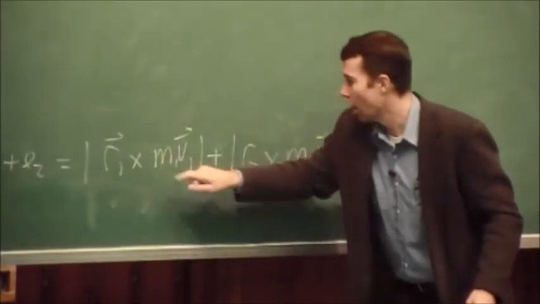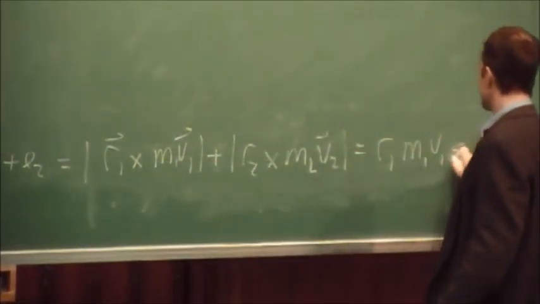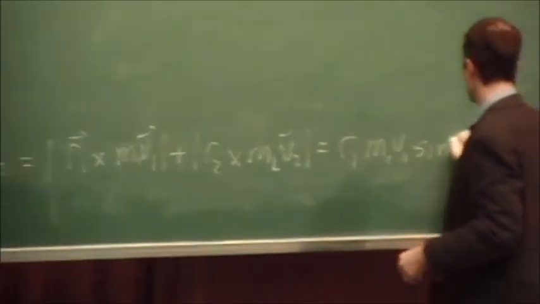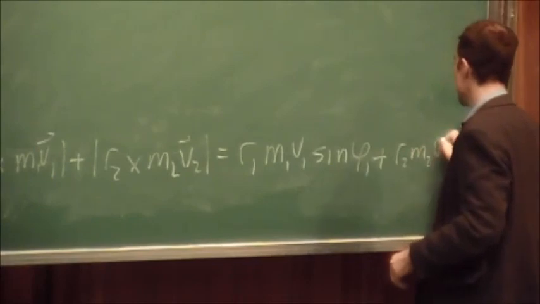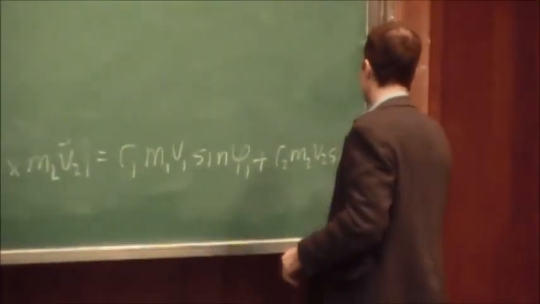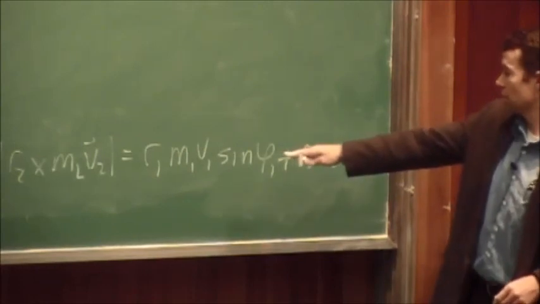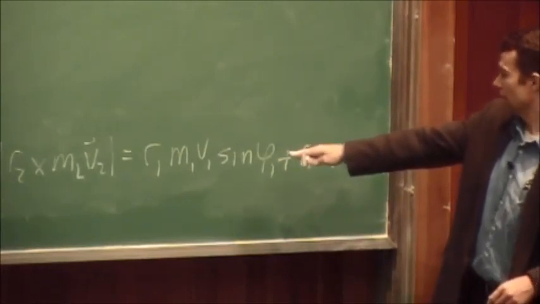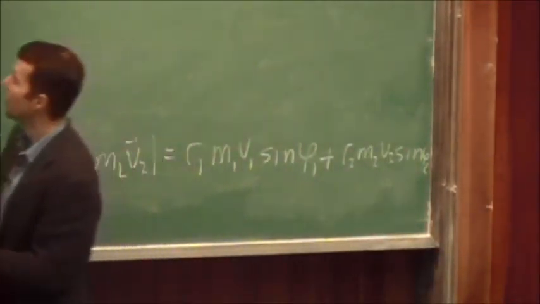And so I take r1 m1 v1 sine of the angle between them, plus r2 m2 v2 sine of the angle between them. Now that gives me the total angular momentum, and phi1 here is just the angle between these.